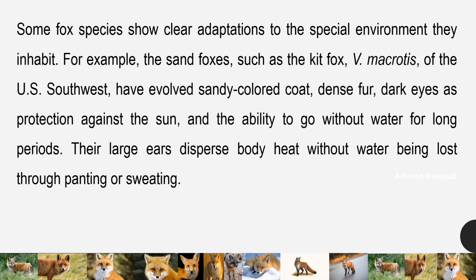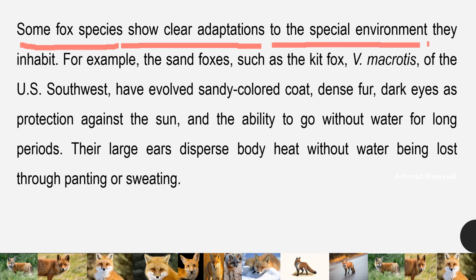Some fox species show clear adaptation to the special environment they inhabit. Beberapa spesies rubah menunjukkan adaptasinya yang jelas pada lingkungan tertentu yang mereka huni.